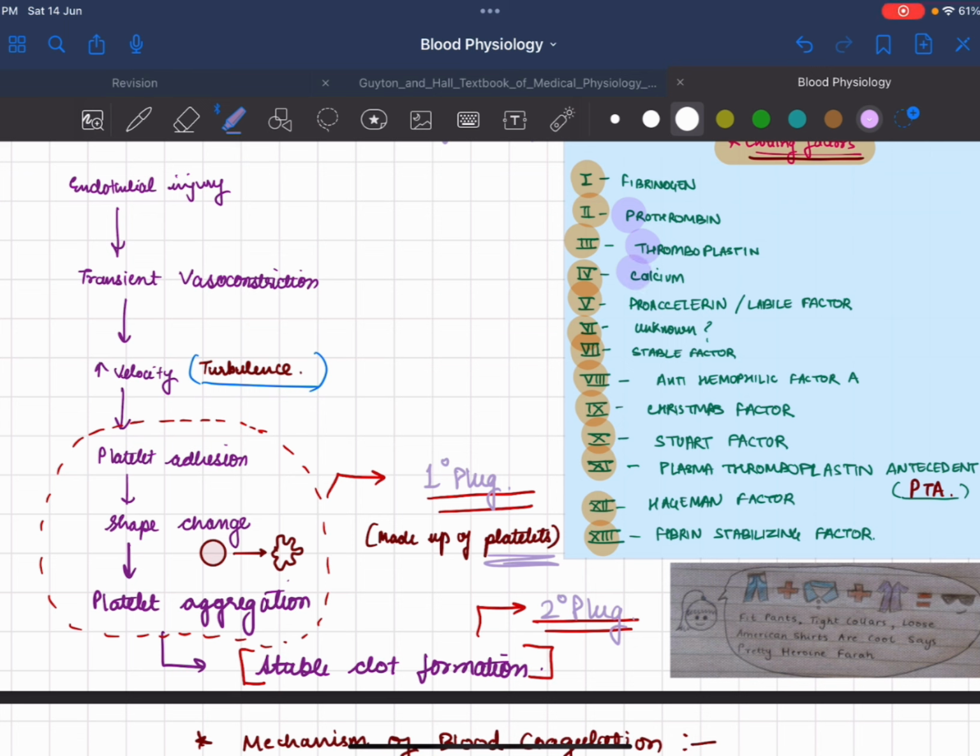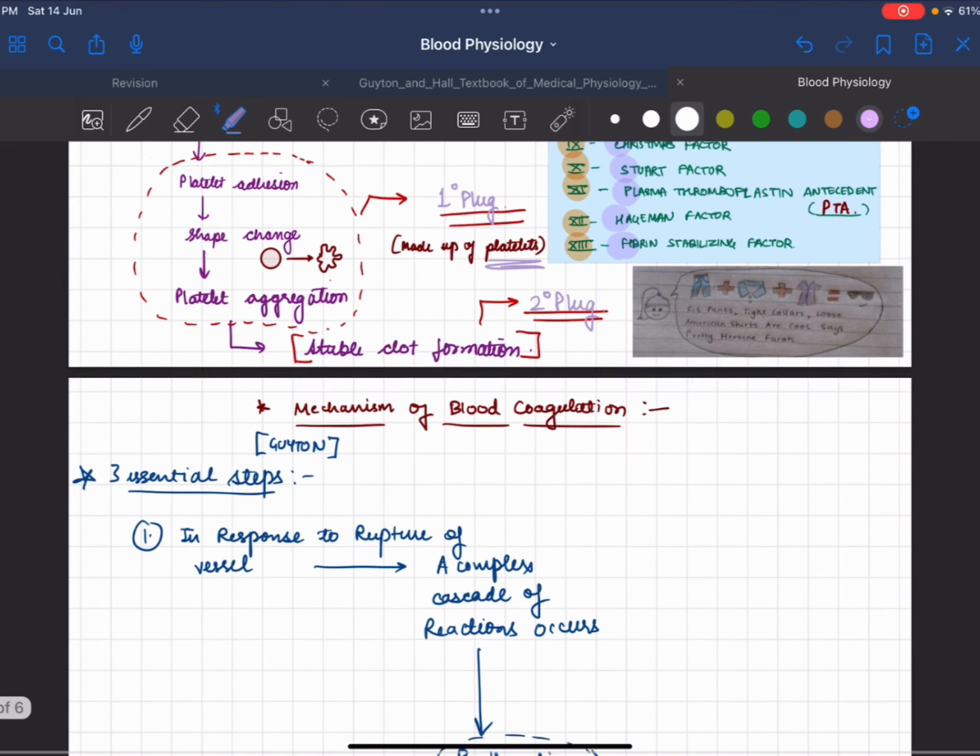Loose shirts, loose I guess is labile, then American is not there. Then we see this shirt. Shirt is stable factor, R is anti-hemophilic factor A, cool is Christmas factor, Stewart is Stewart, pretty is plasma PTA, heroine is Hageman, and Farah is fibrin stabilizing factor. Okay, so this is the mnemonic, if you can remember by this.